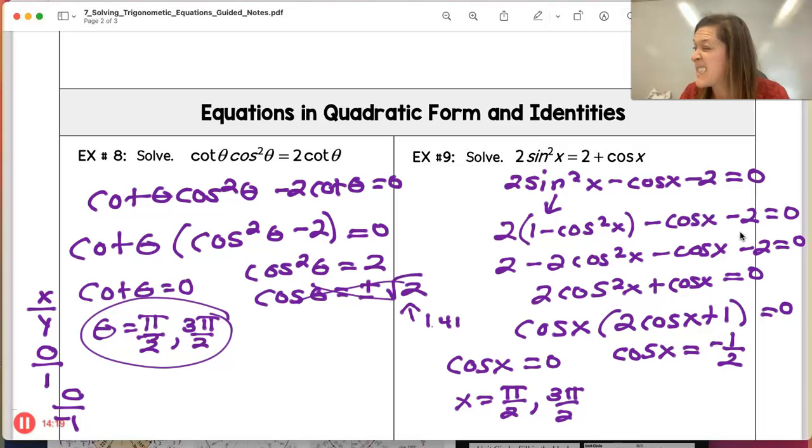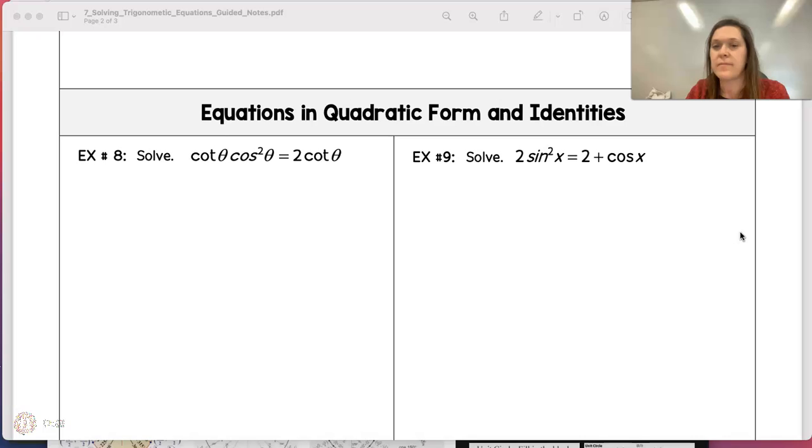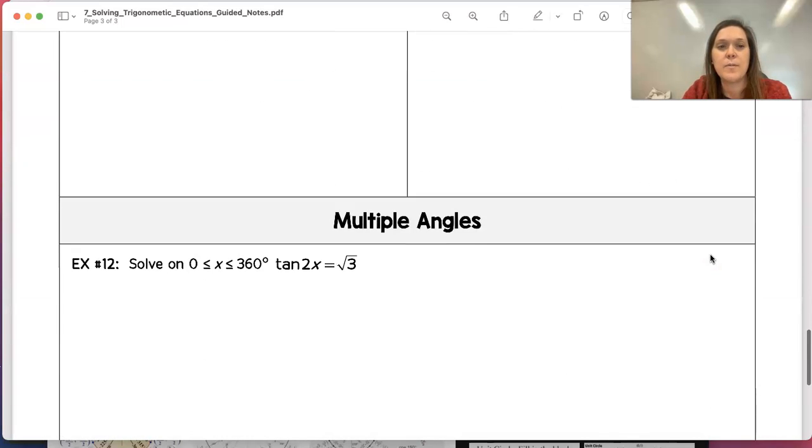And then my cosine is -1/2 at 2 pi over 3 and 4 pi over 3. Again, unit circle is going to be your best friend, especially since you can have it in front of you this whole time. All right, almost there.